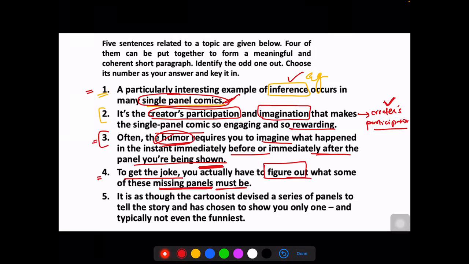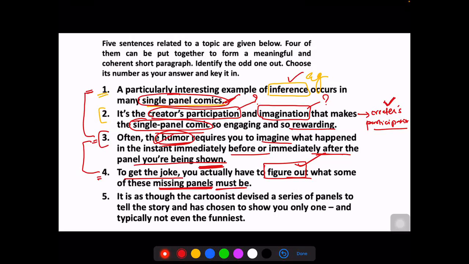So to get the joke, you have to figure that out. So again, the third and the fourth have a strong connection, and there is a connection between third and the first option as well. But they're not talking about the creator's participation and imagination yet. No doubt there was the word single panel comic, but we are not sure about the creator's participation, whether it is linked to the sentences or not. Okay, so let's read out the fifth sentence as well.